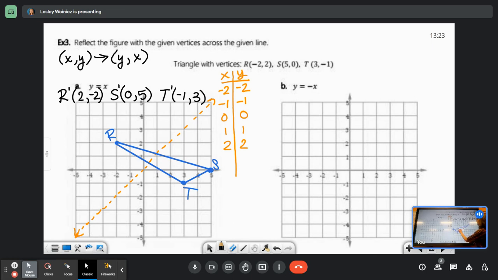So (2, -2), that's here. This is R prime. (0, 5), that's all the way up here. That's S prime.